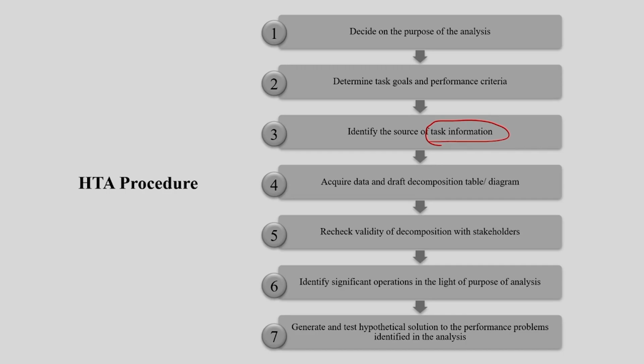Fourth is to acquire data and draft a decomposition table. Here it takes a lot of time. You really need to be very patient to draw that particular diagram, and it may happen you draw a particular decomposition diagram and later you find one more step to be incorporated. Again you have to redraw that. So, this is a little tedious job.